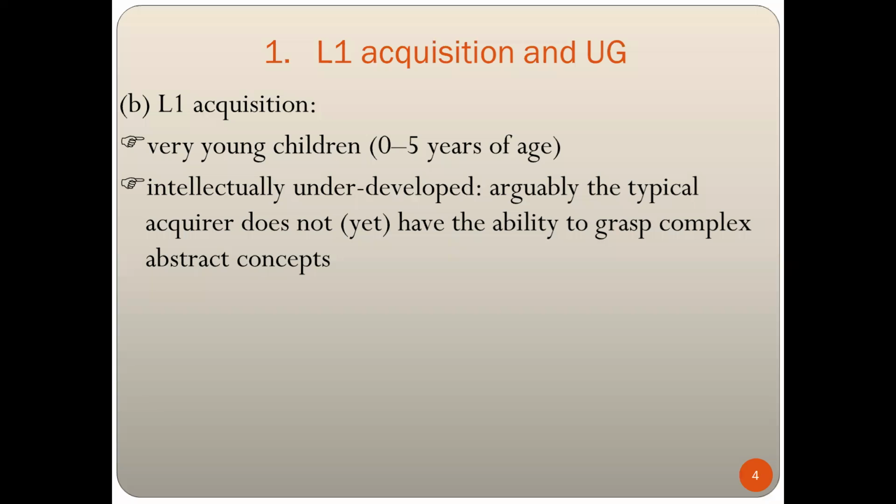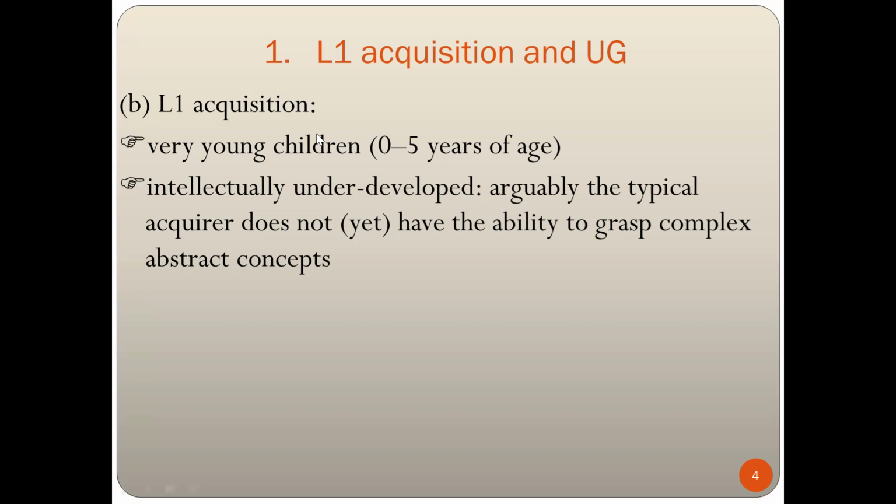So we know from other domains of science, more specifically from cognitive science and psychology, that the typical child only starts to develop more advanced cognitive abilities after the age of 6 or 7.